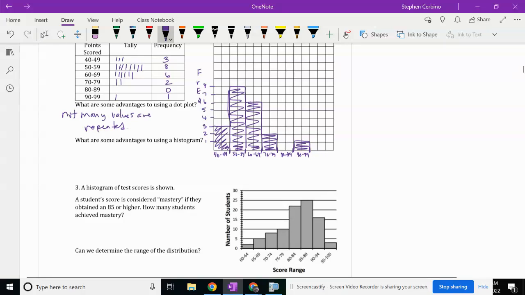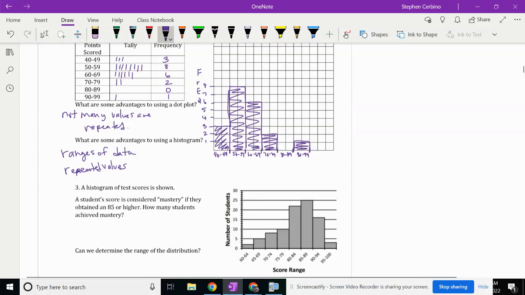Advantages to using a histogram is when we have a range of data or we have repeated values. So if I have a lot of values that are the same number over and over and over again, instead of making a million dots, I could just make a bar to represent how many of those dots are there. So whenever we're talking about ranges, usually we use a histogram. When we're talking about single pieces of data, we usually use a dot plot.